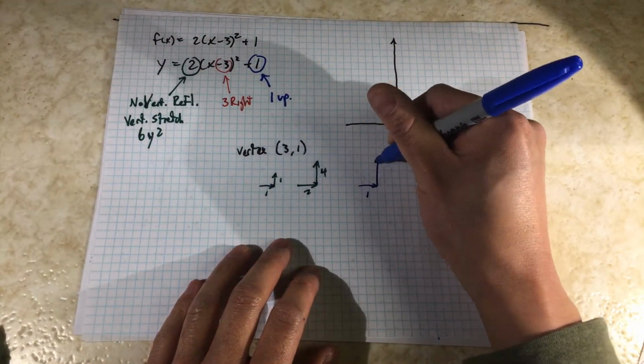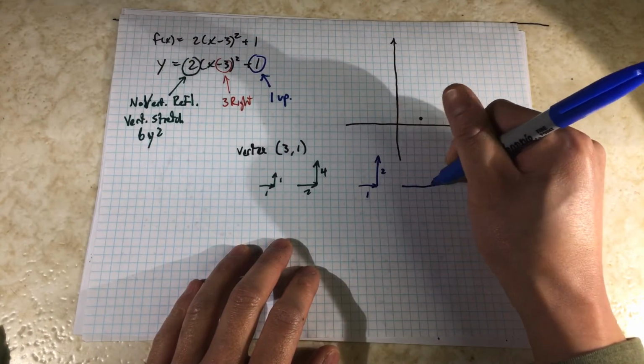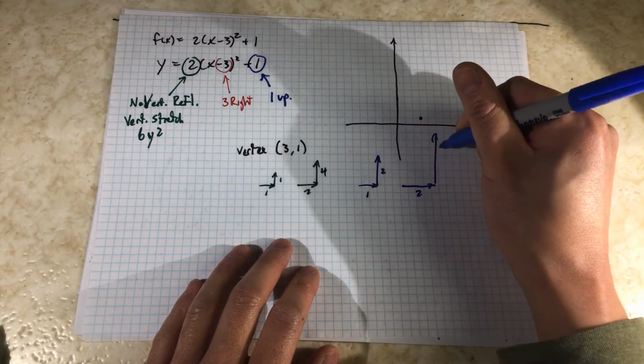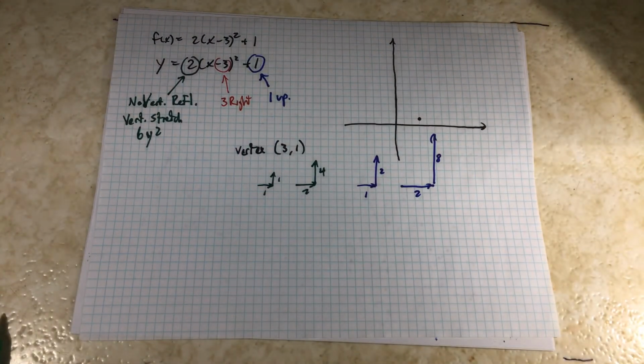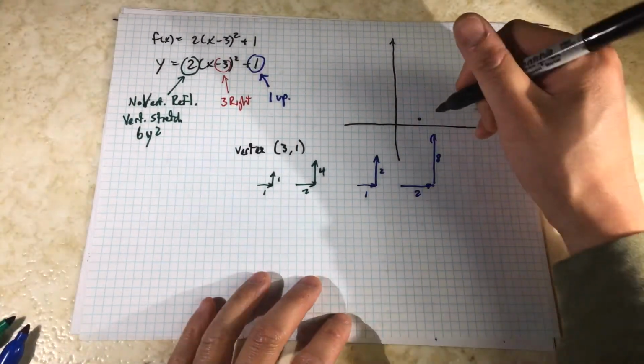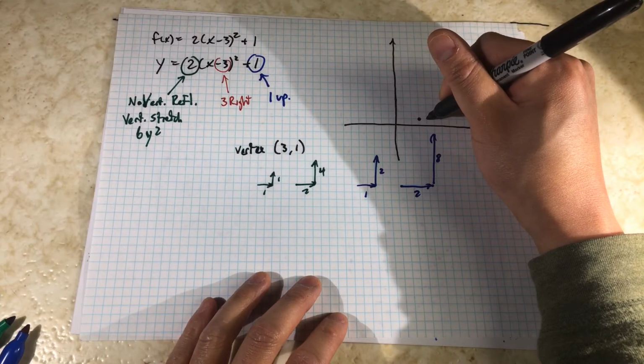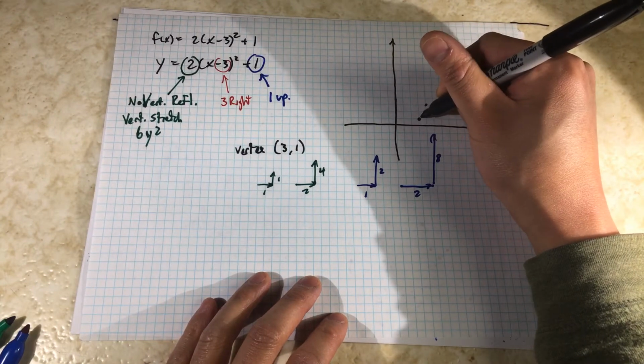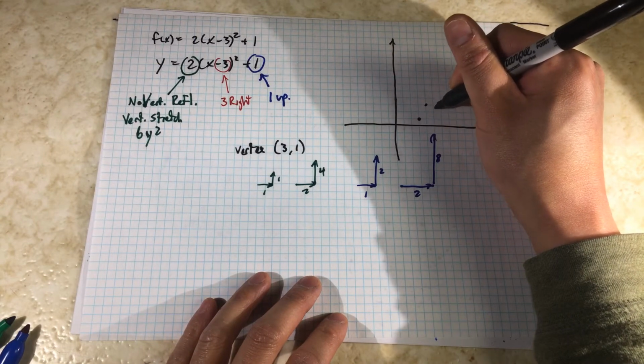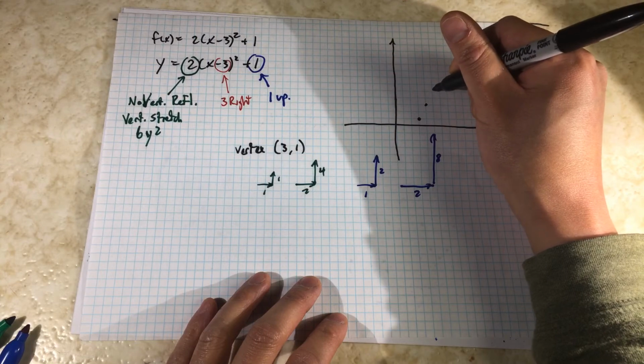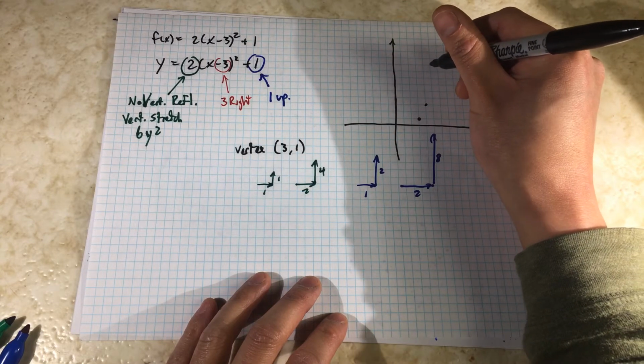So I go 1 over, and instead of 1, I go up 2. And I go 2 over, and instead of 4, I go up 8. I'm going upward because there's no vertical reflection. So I go 1 over 2 up, and 2 over 8 up.